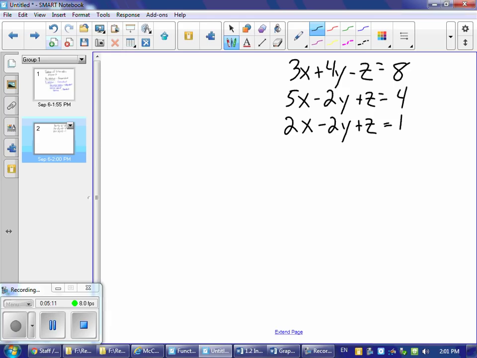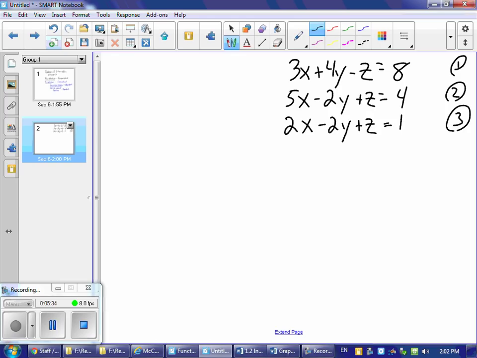So how do we take care of this? Well, you have to do a little bit of linear combinations, which is also sometimes called the elimination method. I like to label these equations 1, 2, and 3. And when we go through the process, we're going to use those numbers in order to keep everything straight.